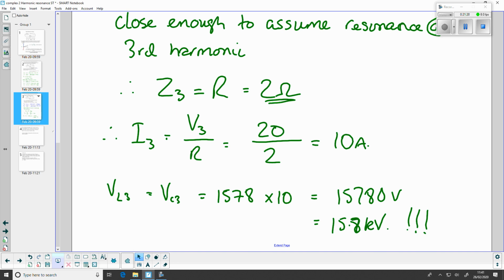Considering somewhere around 50 milliamps is enough to stop your heart. Not a good idea.